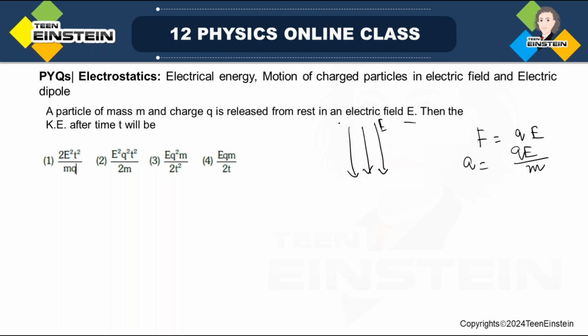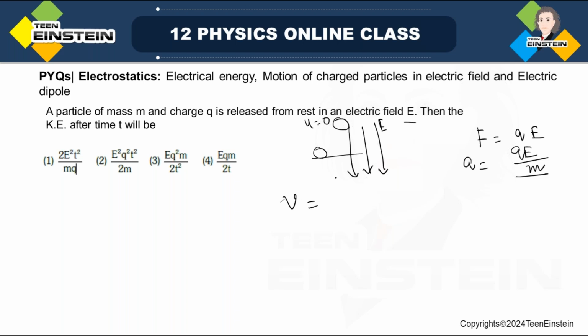Now if I have a particle which is just released without any initial velocity, after time t, suppose it has reached here, it will attain a certain velocity because the particle is moving with a constant acceleration, and that acceleration is qE by m. So now this problem has actually become a problem of kinematics.